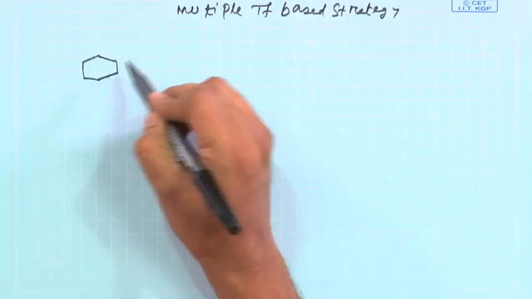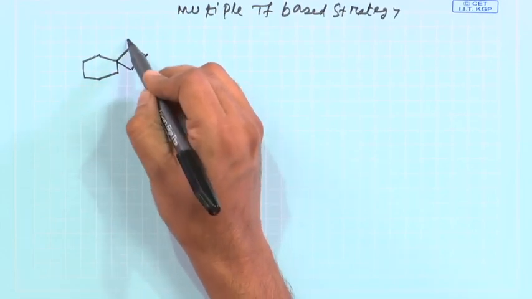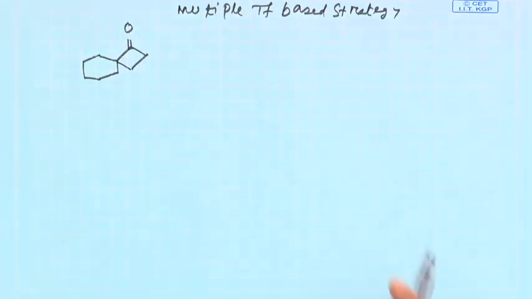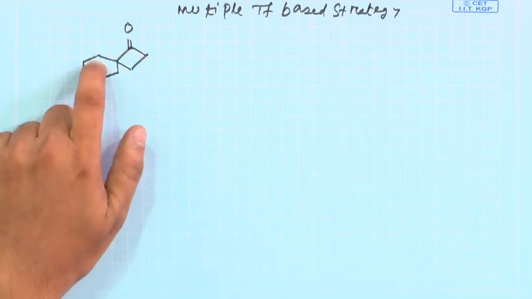The target molecule next which I am giving is this compound. I call this a spirocyclic compound, a 6 member ring and a cyclobutanone, 6 and 4 member ring.